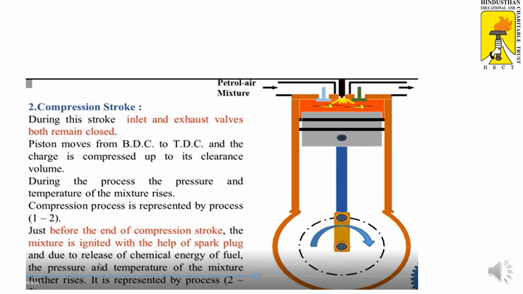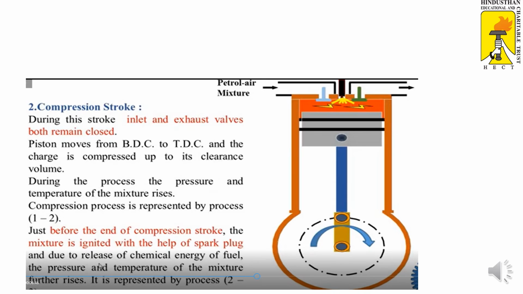At the end of the compression stroke, the compressed air and petrol mixture is at high pressure and high temperature, right? At this time the spark plug produces a spark, so the air fuel mixture gets ignited.